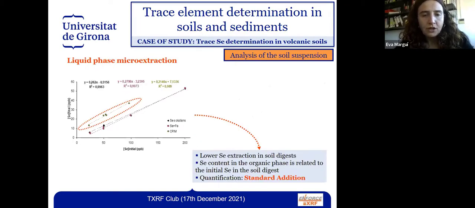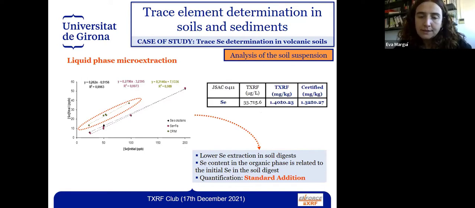For the quantification, we tried to prepare a set of aqueous selenium standards, but we realized that the selenium extraction in soil digest was lower than in the case of aqueous solution. So for quantification purposes, we need to use standard addition. Using this procedure, you can see that we finally have very good results for selenium quantification in soils at very low concentration levels.